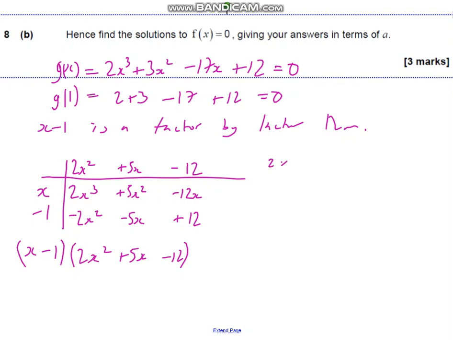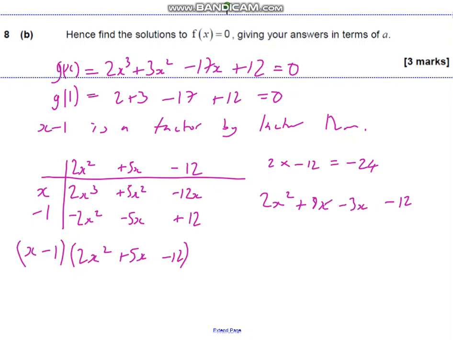So we can go, right, 2 times minus 12, that's minus 24. So I'm going to take our quadratic, 2x squared plus 5x minus 12, and I'm going to break that up into things that will give us plus 5x, also multiply to give us minus 24, and that of course is 8x minus 3x.